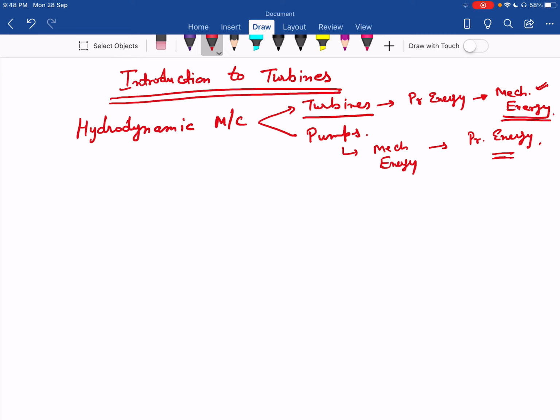So pumps are doing two things. These are the two hydrodynamic machines, and this is the basic difference between turbines and pumps.